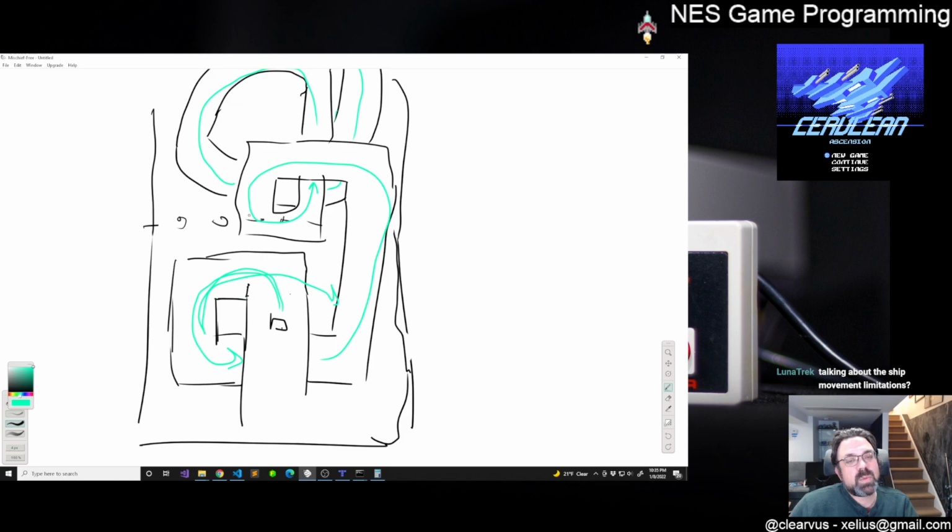What I'm saying is that when we design the levels, rather than approaching it from just an enemy placement perspective, also think about the player movement, and are we setting clear paths for escape or not?